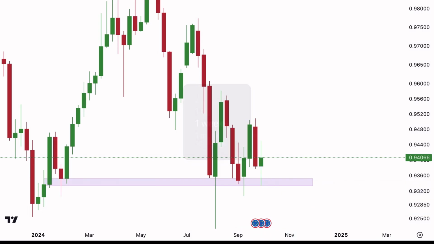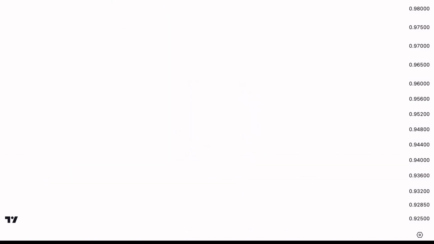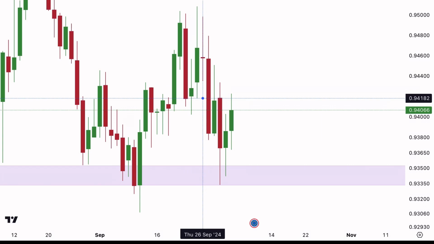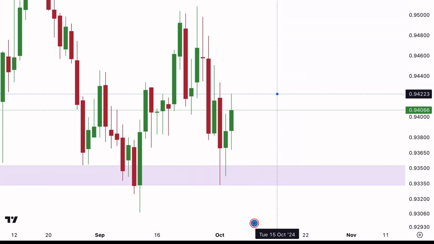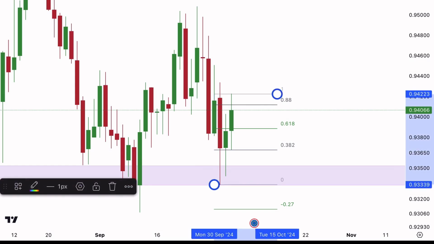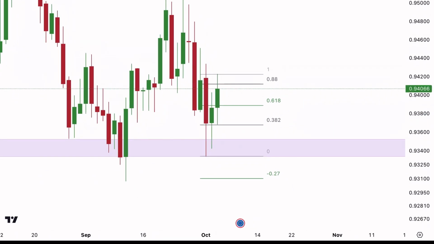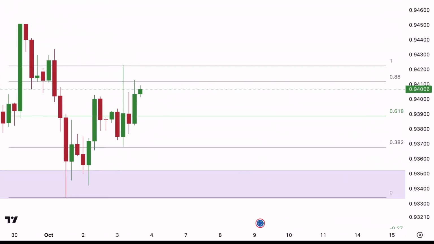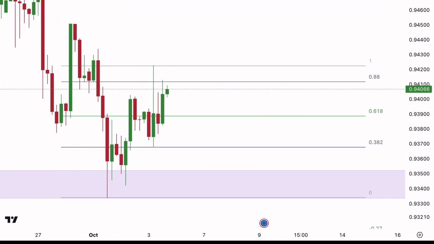So if I go to the daily time frame, on the daily we will draw our fib just like normal in the opposite direction to measure the distance of the new impulse from the highest point to the lowest point in this case. Then we go to the 4 hour, where we will be waiting on the break of the 61 level to place our entry.